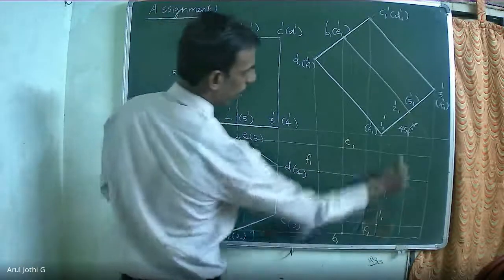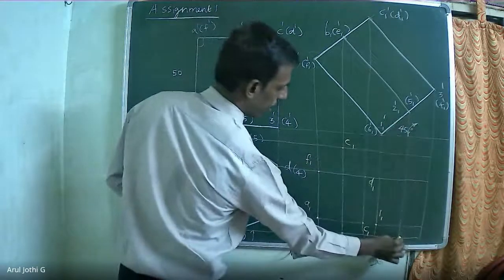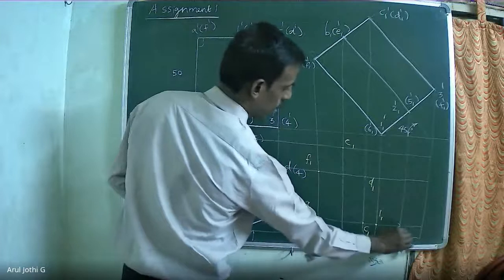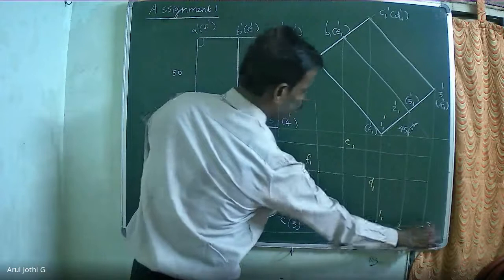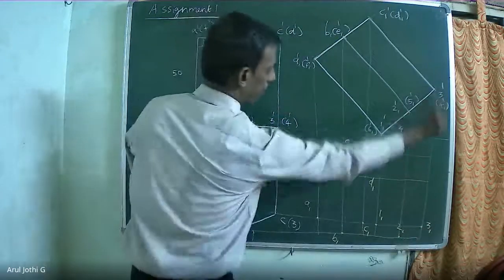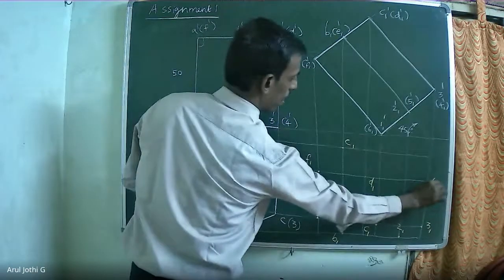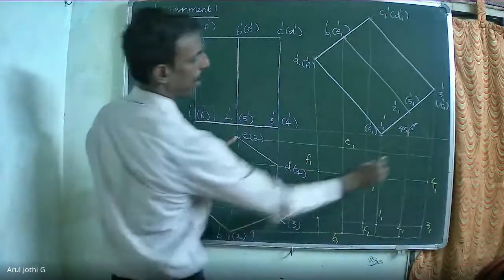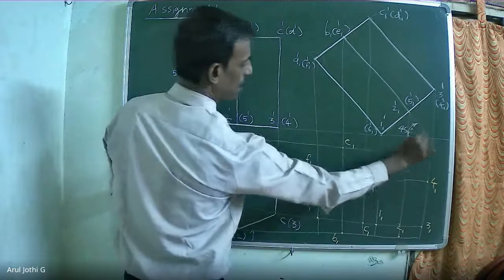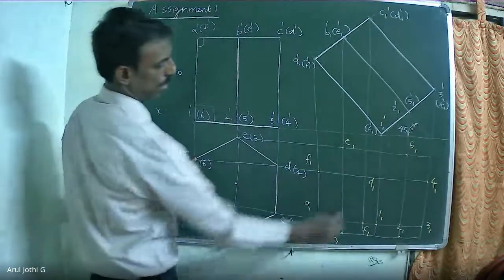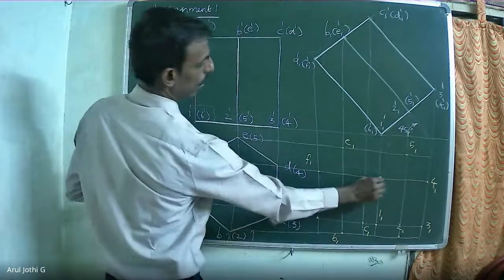Extend 2 and 2, 1 dash; 3 and 3, 1 dash; 4 and 4, 1 dash; 5 and 5, 1 dash; 6 and 6, 1 dash.